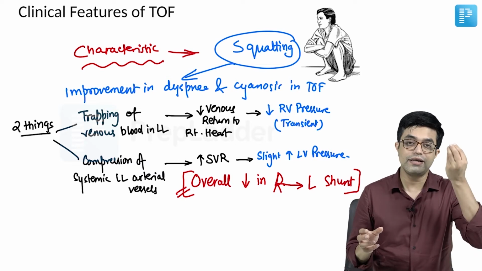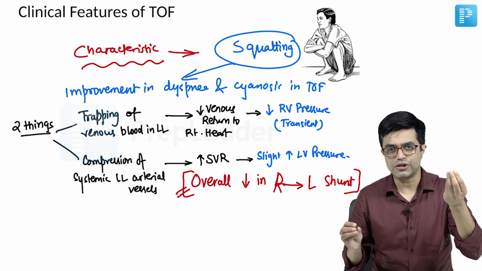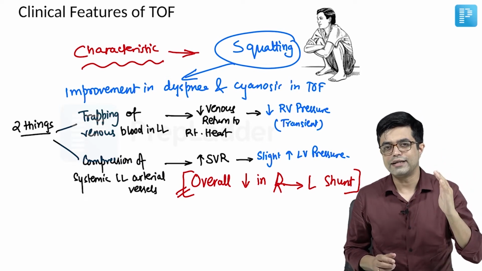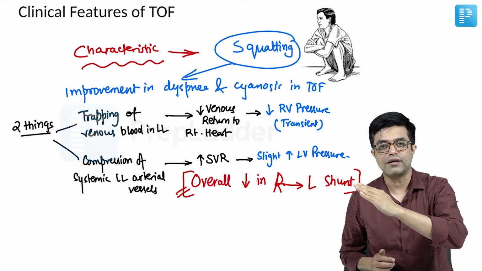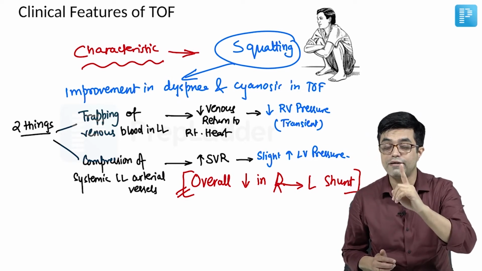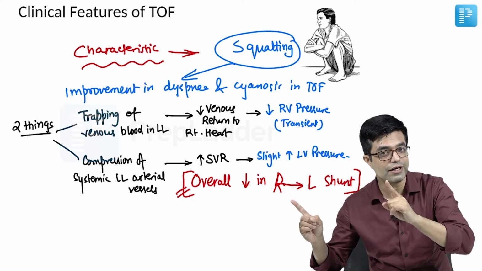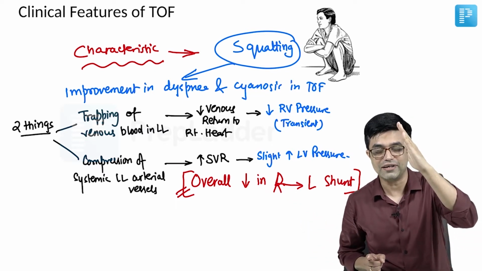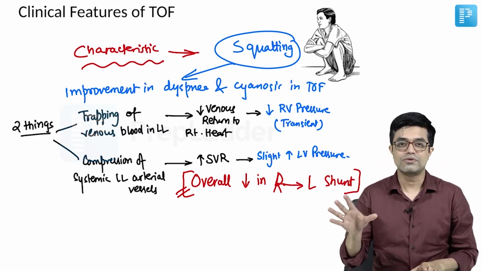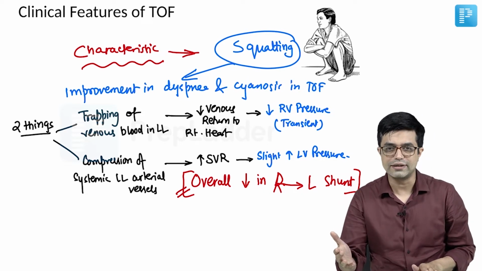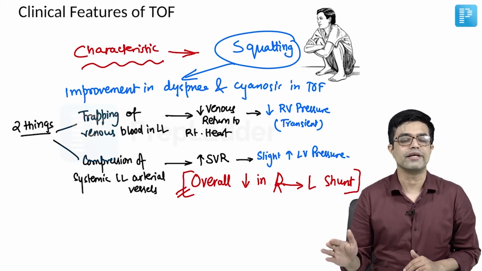There is slight increase in the RV pressure over LV pressure in peak systole, and that is the time during which the right to left shunt happens. Right to left shunt happens not into the left ventricle but into the aorta, and that is why these two statements which I have made earlier, nothing in them is contradictory.